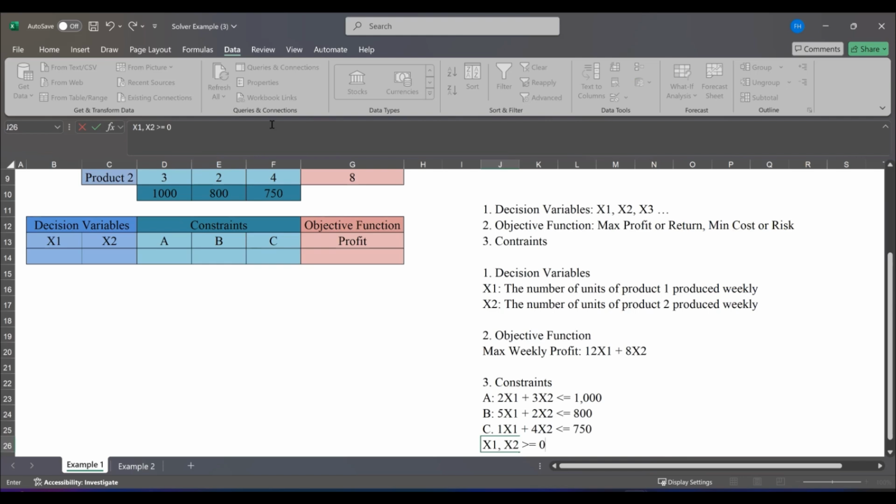Now, in certain problems, I may need to add some additional constraints. For example, if you are working with a human resources problem, you are allocating employees and managers to different branches. Let's say that you are operating a large retailer or restaurant chain. You have 100 or 1,000 different locations, and you are allocating your managers and employees to those locations.